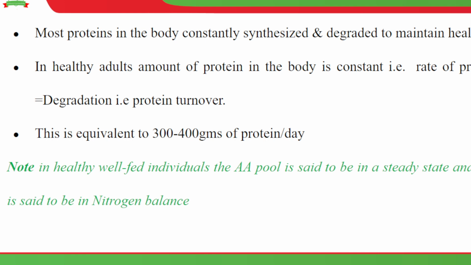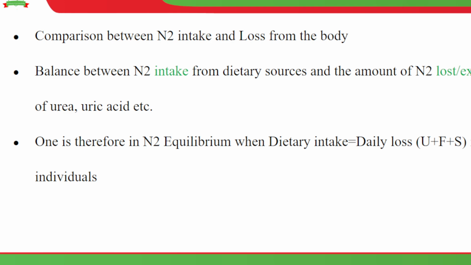Meaning the amino acid pool in a steady state is replenished at a constant rate as it is being utilized. If you use 300 grams, you replenish with 300 grams. That is what we call the steady state of the amino acid pool.